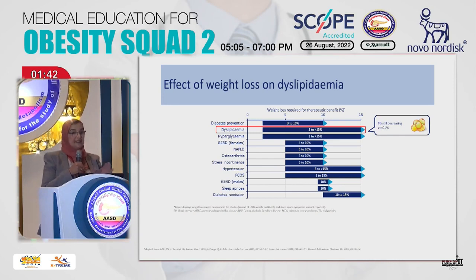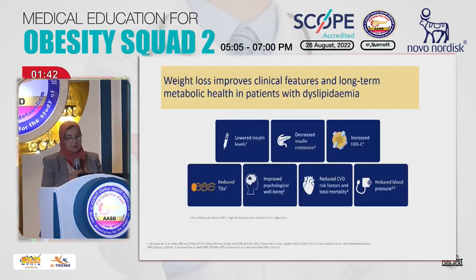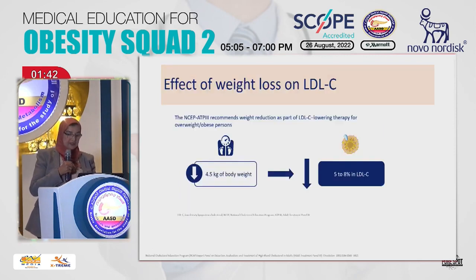Of course, definitely weight loss has a favorable effect on dyslipidemia, which is really very important. And it, again, improves the clinical features and long-term metabolic health in patients with dyslipidemias.